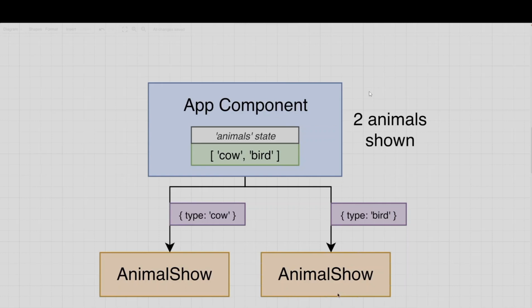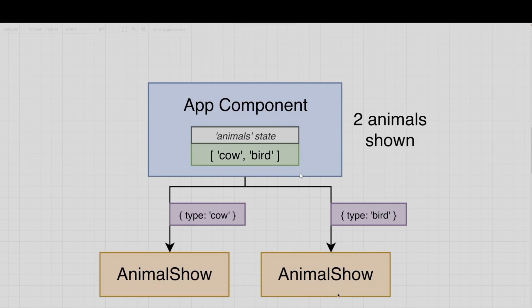So for example, when the user clicks on add animal button for the first time, we will show a cow, which means that cow will be passed as props. Let me show you from the start. Whenever the user clicks on add animal button, we will render our first animal show component when the user clicks on the button for the first time.